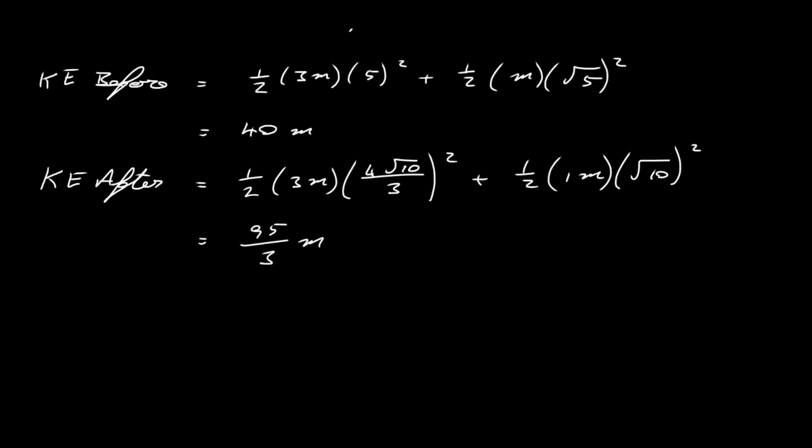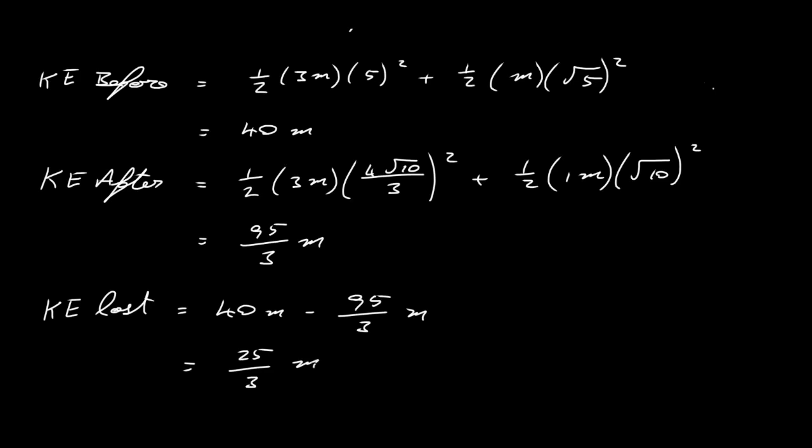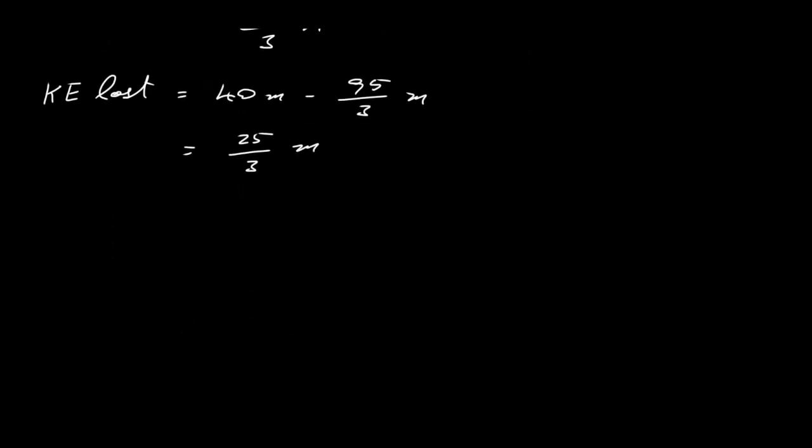Okay, so we have our two kinetic energies here. We have the kinetic energy before, the kinetic energy afterwards. So we need the kinetic energy lost. Kinetic energy lost is just 40m minus 95 over 3 m. When you do that, you get 25 over 3 m. So that's the kinetic energy lost. And what they are asking for is the fraction that's lost.